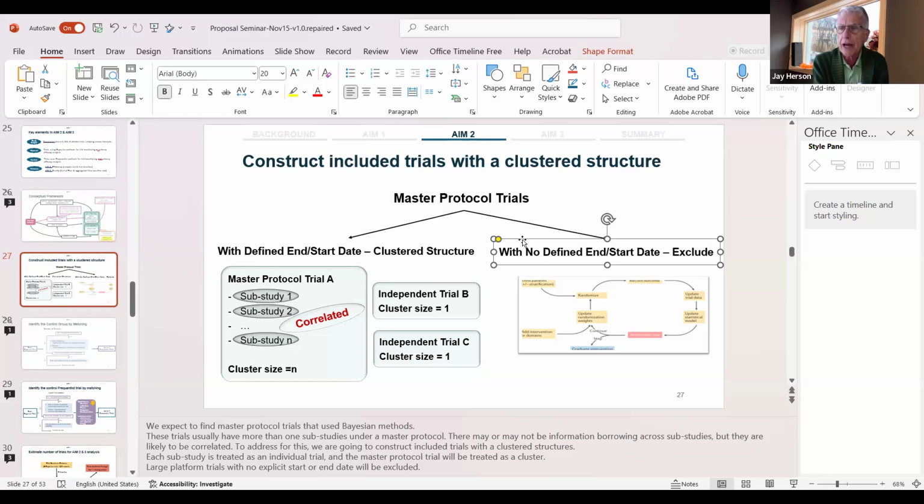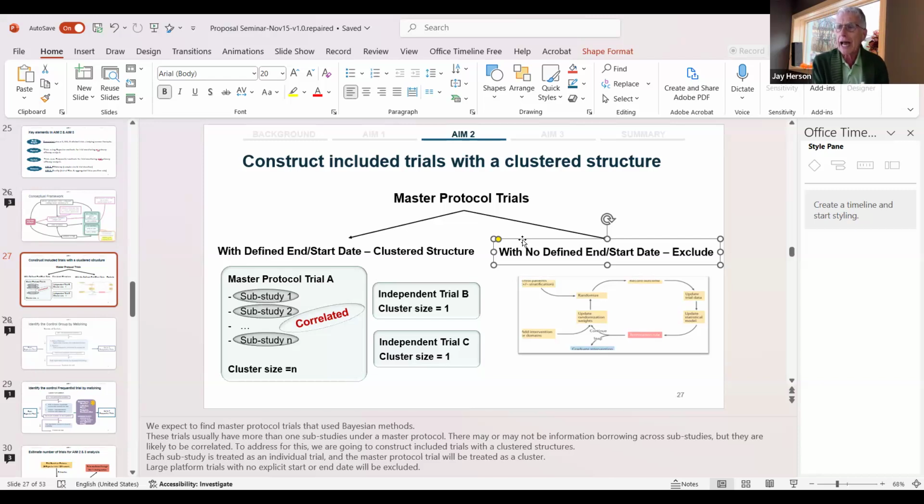And I don't even know, is it an informative or non-informative prior? They're doing all kinds of things, going back in time and correcting for how long ago the control group was.